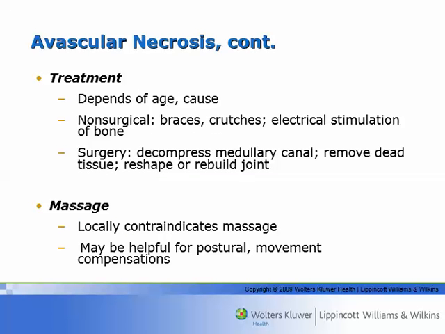What they try to do is not use the joint, so you brace, you do that kind of thing. If there's a decompression, if there's a joint collapse, then they might do surgery to try and rebuild it to stop further complications.